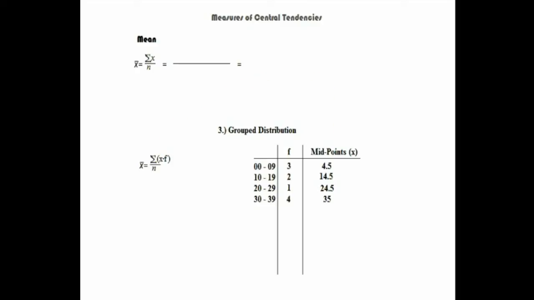So, we're going to do basically the same thing. What we're going to do is 3 times 4.5 plus 2 times 14.5 plus 1 times 24.5 plus 4 times 35, and all of that is going to be divided by 10.